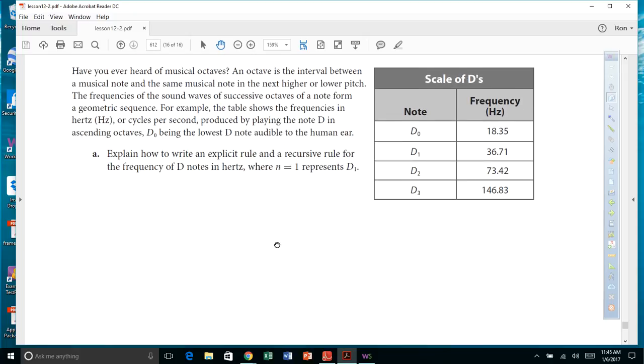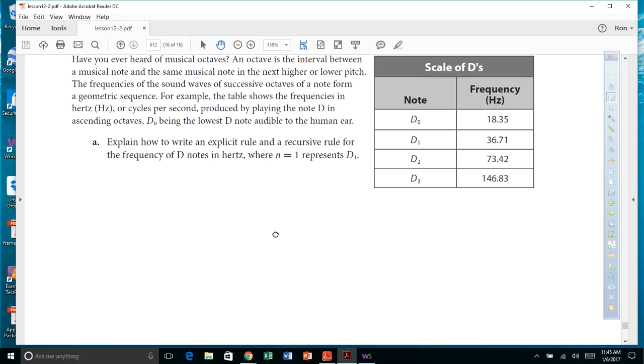For example, the table shows the frequencies in hertz, or cycles per second, produced by playing the note D in ascending octaves, D sub 0 being the lowest D note audible to the human ear.